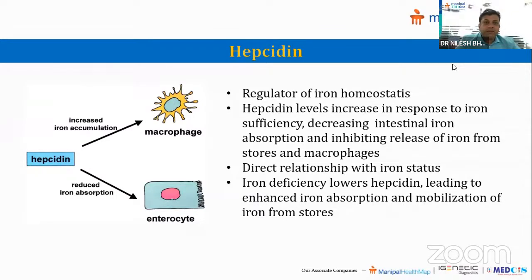increases. The function of hepcidin is basically to reduce iron absorption from the duodenal enterocytes, and it causes iron accumulation in the macrophages particularly. So hepcidin level increases in response to iron sufficiency or iron overload. Thereby it decreases intestinal iron absorption and inhibits the release of iron from the iron store, the macrophages.